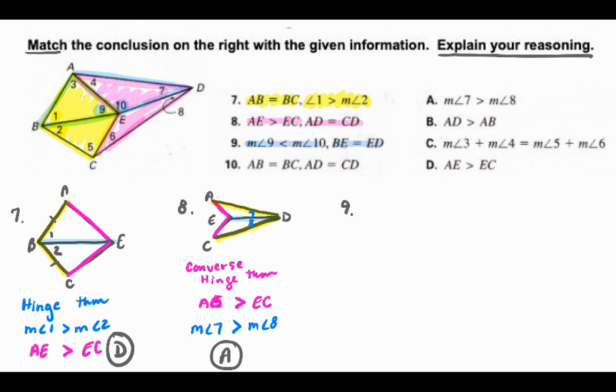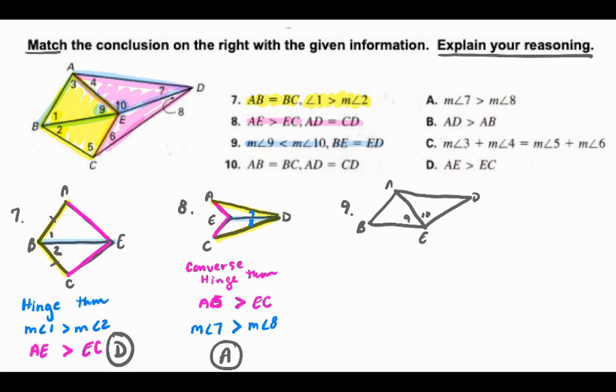So if I redraw this out, if I draw it like it looks, so I have my A to B, B to E, E to D, and D to A. So A, B, E, D. And we have information about 9 and 10.